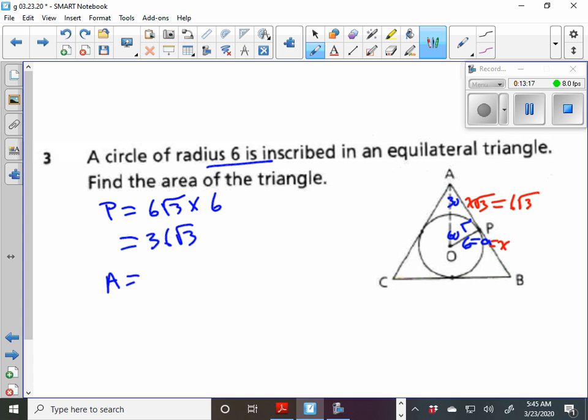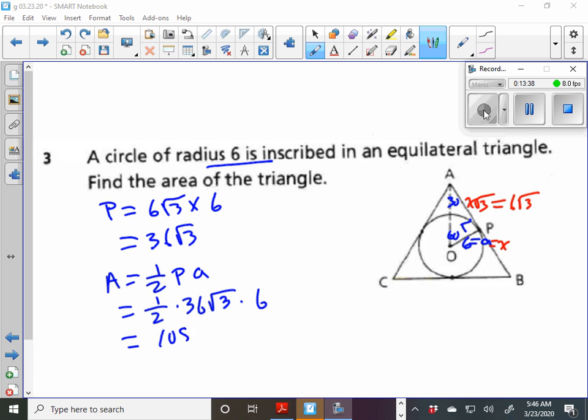Area equals 1/2 perimeter times apothem. 1/2 times 36 root 3 times the apothem of 6 is going to give us 108 root 3 units squared.